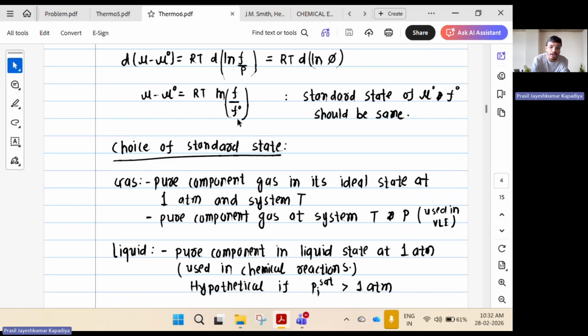For the gas phase, a pure component gas in its ideal state at 1 atmospheric pressure and system temperature, we can choose as ideal gas. Or for a pure component gas, we can choose any temperature and pressure at which we are working. That can also be chosen as the standard state instead of 1 atmospheric pressure. And this is basically used in vapor liquid equilibrium study of pure component or mixture systems.